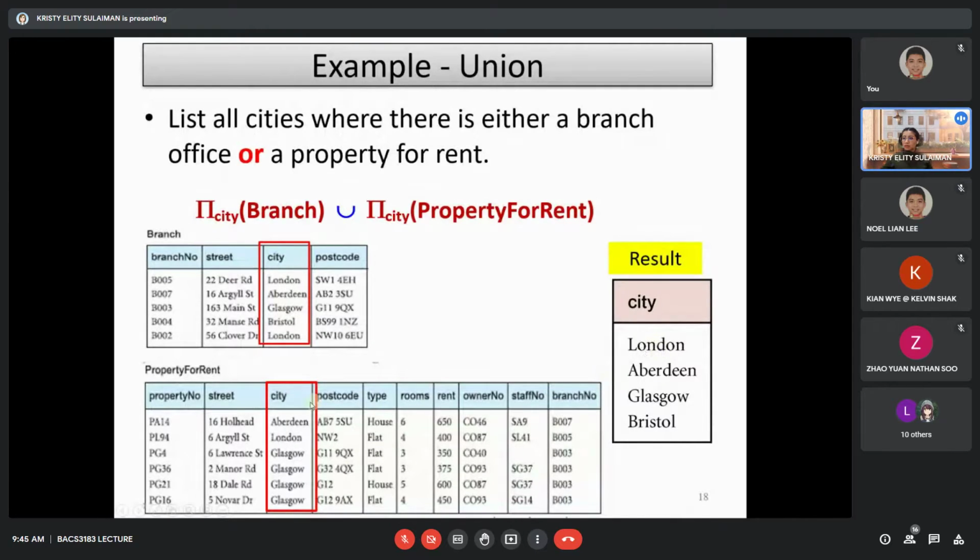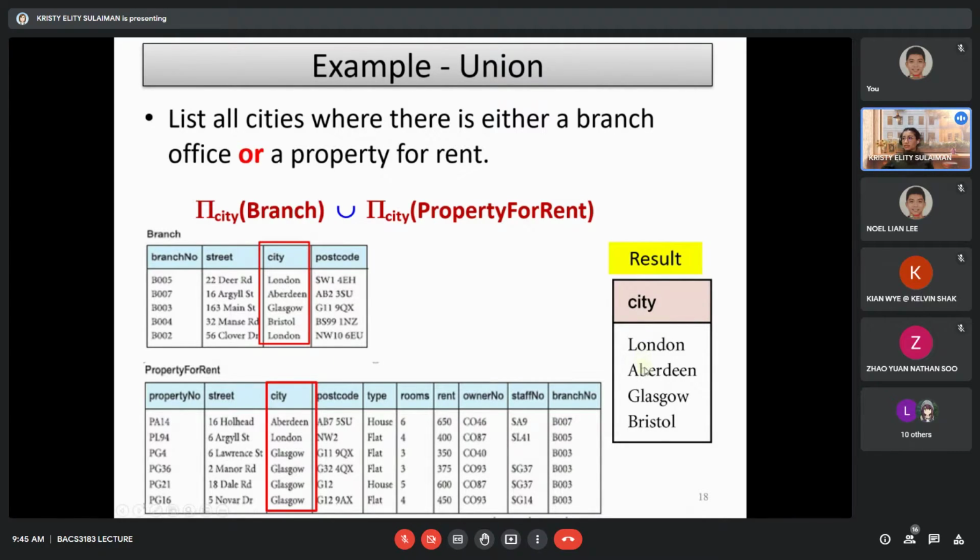It has been eliminated. If you see here from the property for rent, we have duplicates, and this union operation has eliminated the duplicate, and it gives you the result of the cities where there is either a branch office or a property for rent.